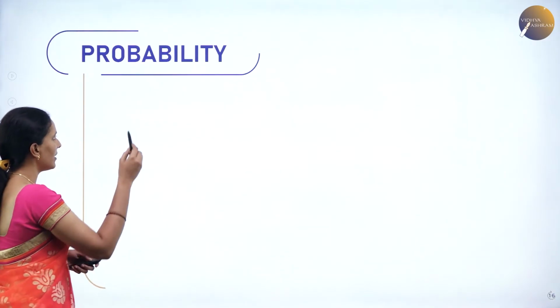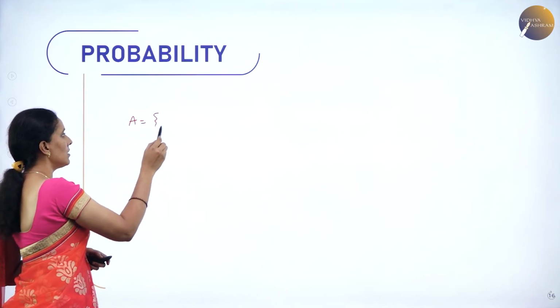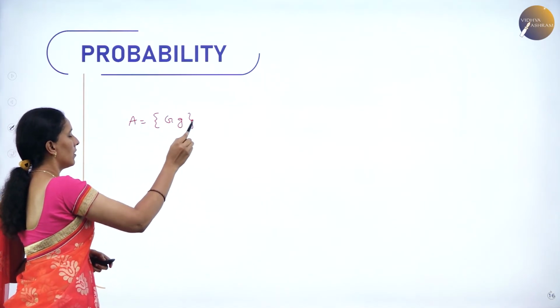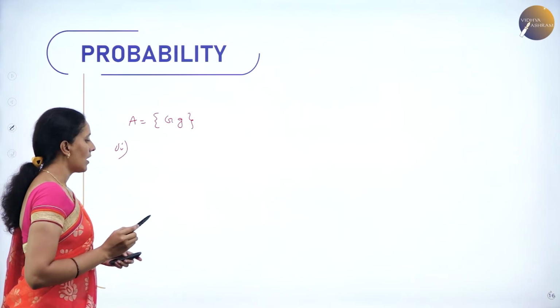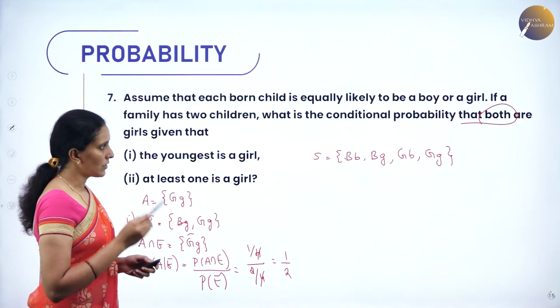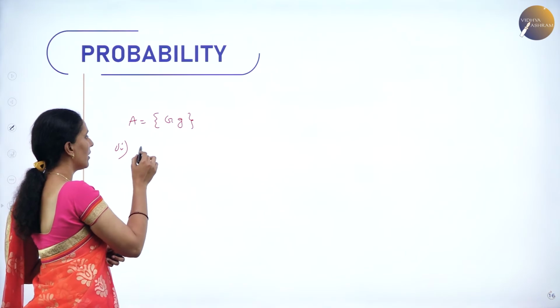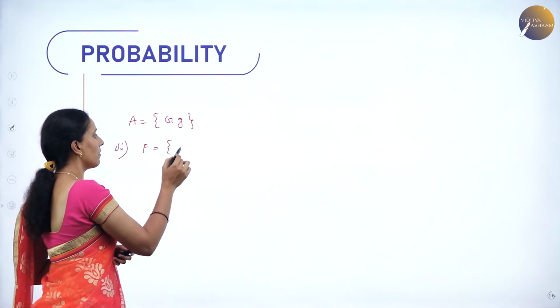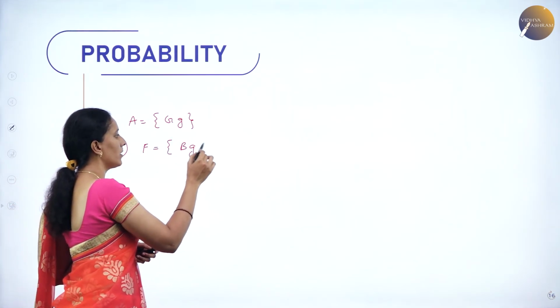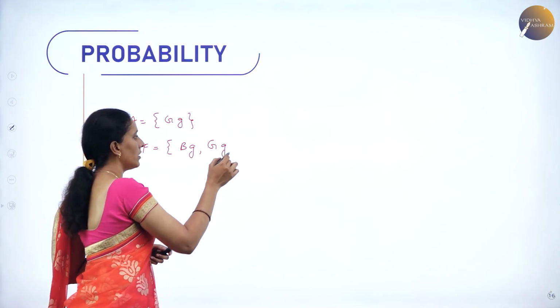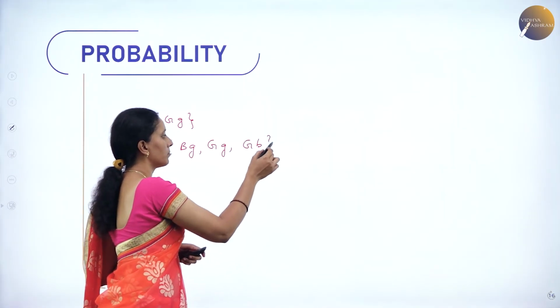The next one says when both are girls, the second condition is at least one is a girl. So at least one is a girl means I'll take the event F with 3 outcomes: BG, GG and GB.